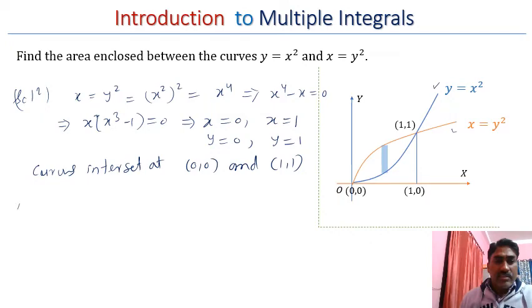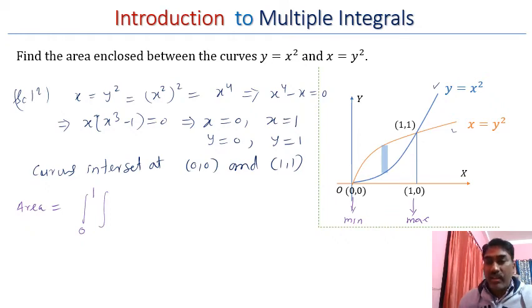So area is equal to, remember, we have used a constant value of x. So x will be taken from minimum to maximum. So what is the minimum and maximum value of x? This is 0 to 1. Now take the second integral.